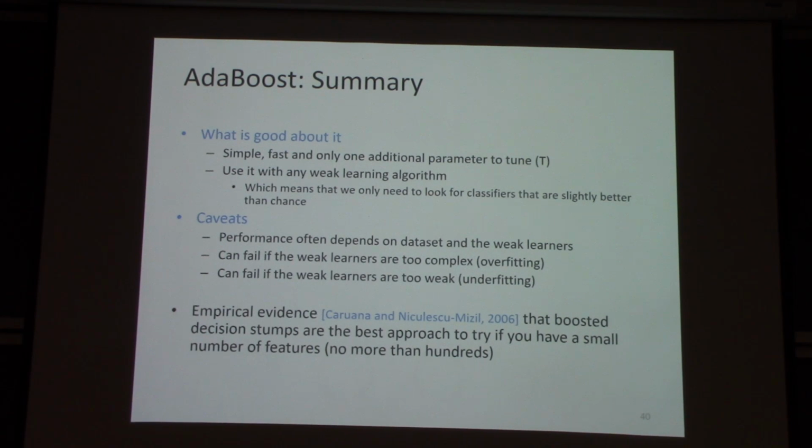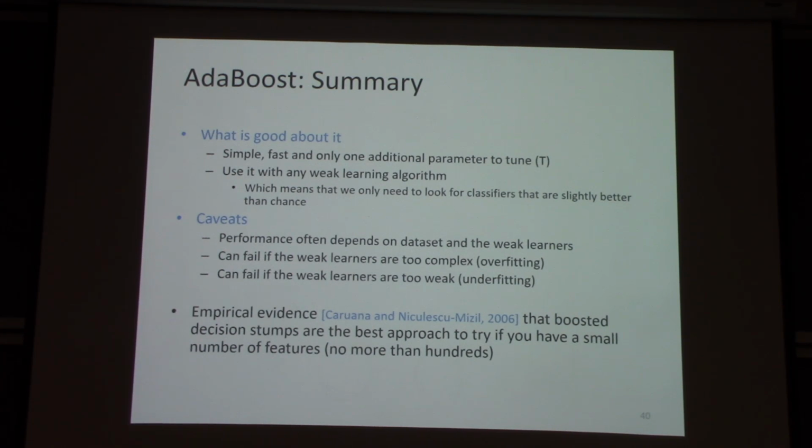That said, there is actually some empirical evidence from about 2005-6 from Rich Caruana and a student, who showed by running massive experiments on hundreds of data sets using hundreds of learning algorithms. Think of it as a much more rigorous, stronger version of your class project.